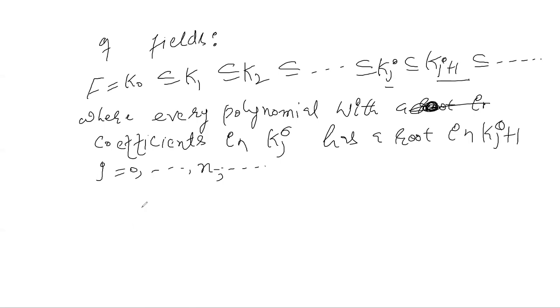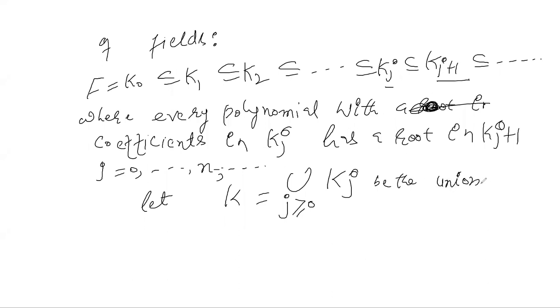Now let K be the union of all these fields, the union over j greater than or equal to 0 of Kj. The union of these fields is a field because we have each one contained in the other one.